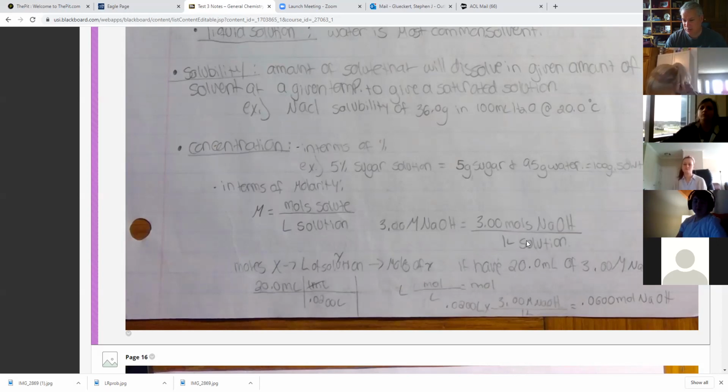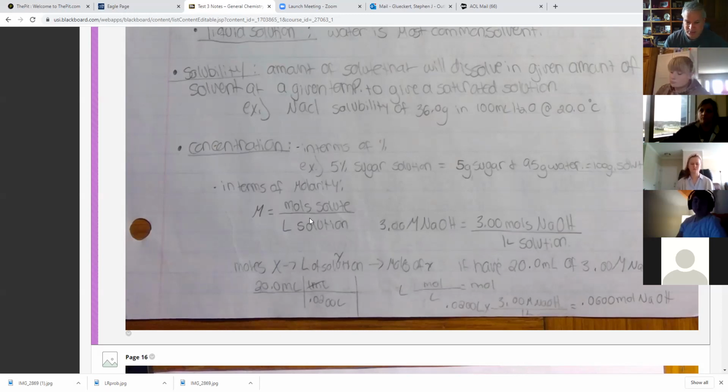It tells us how many moles we have per liter or how many liters we have per mole, because you can do the reciprocal of this conversion factor, which we get from the fundamental definition of molarity. All right. So like it says, if I have 20 milliliters of 3 molar sodium hydroxide, how many moles are there?